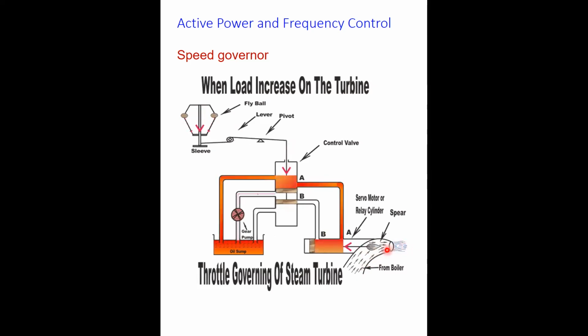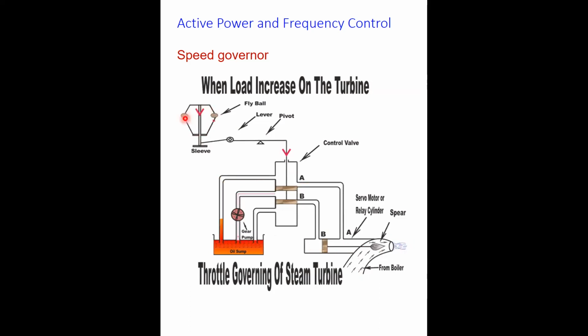And you can see that in this case, we have the movement of the piston to the left-hand side and thus more opening. So that means you have more steam inlet or water inlet to the turbine. And this is the case which you observe when you have the fall in the speed here.